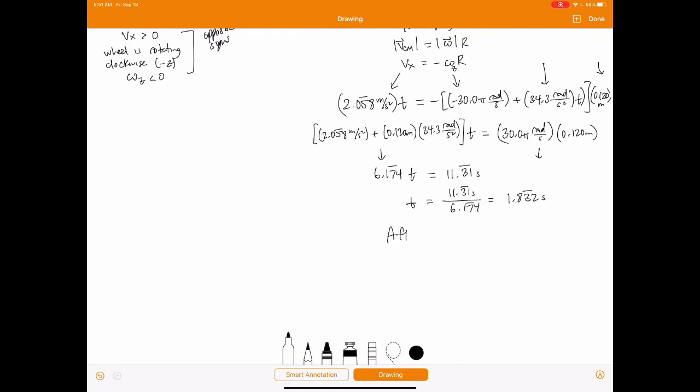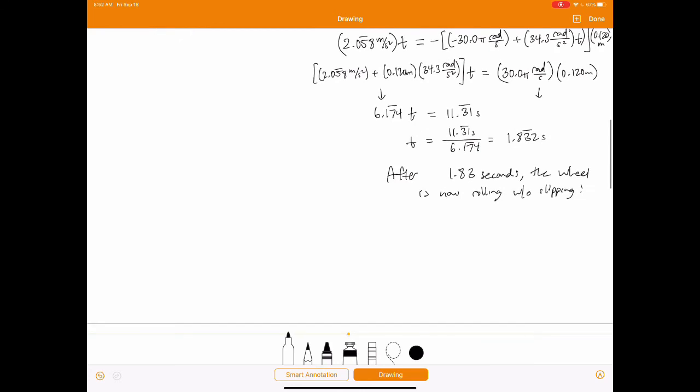So after 1.83 seconds, the wheel is now rolling without slipping. So it has to grind against the surface for 1.83 seconds before it's rolling without slipping. Okay, now to answer the last two questions, how fast is it moving?